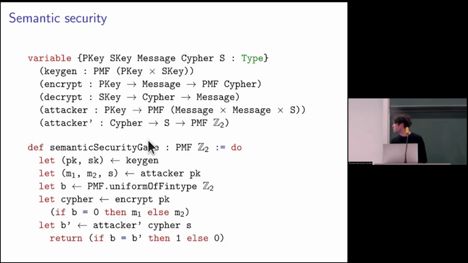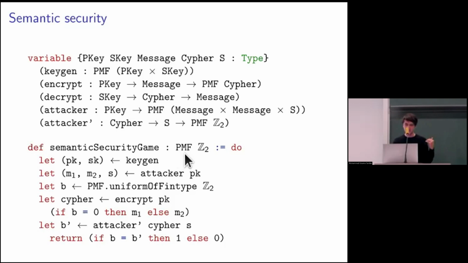which I think is a quite convenient way of describing it, based on a very nice, classical observation that probability distributions form a monad. So we can use this very nice syntax.